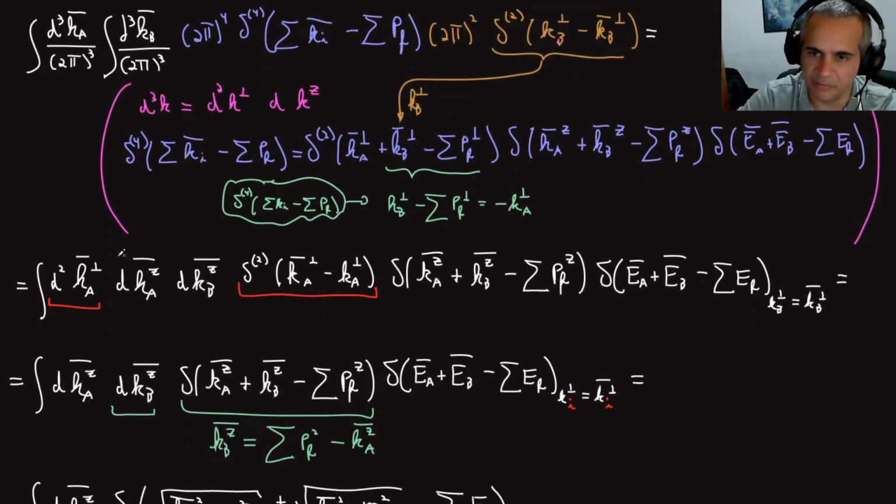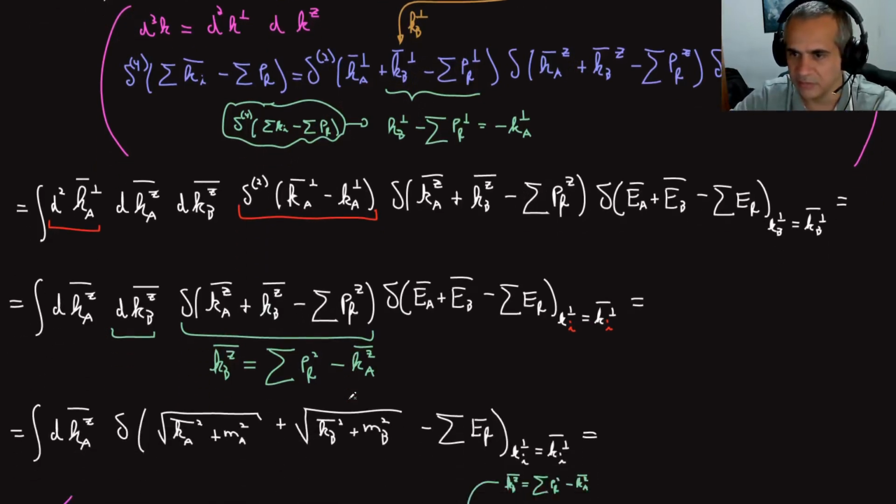So I still have the Ka perpendicular and the 2 longitudinal integrals. Right? This one is easy because of this delta. So that's what I do next. I substitute. I'm keeping track here because now all perpendicular k's are equal to their k bars.